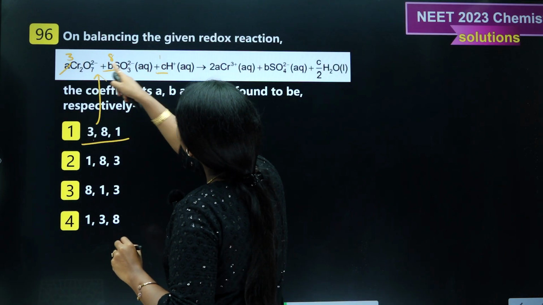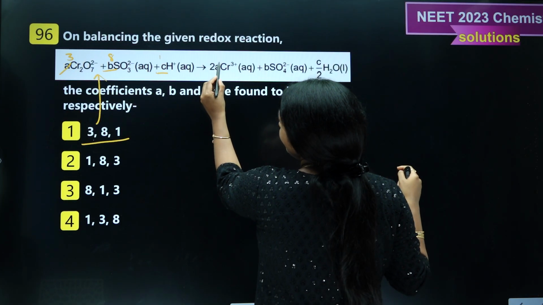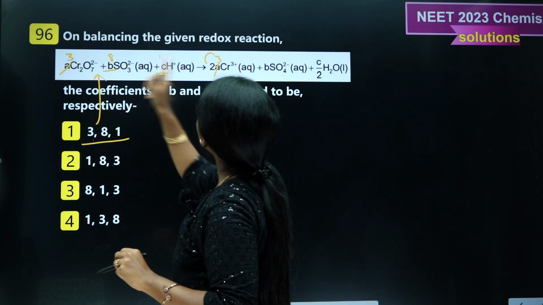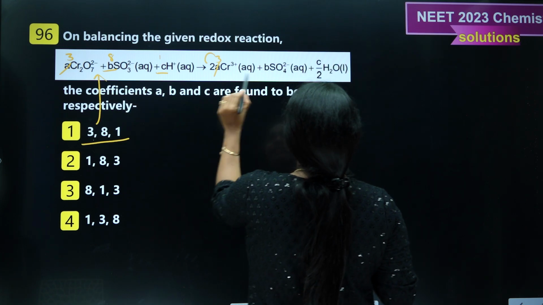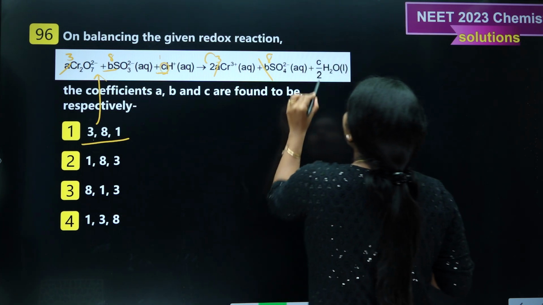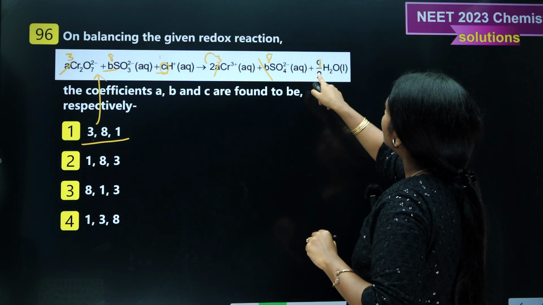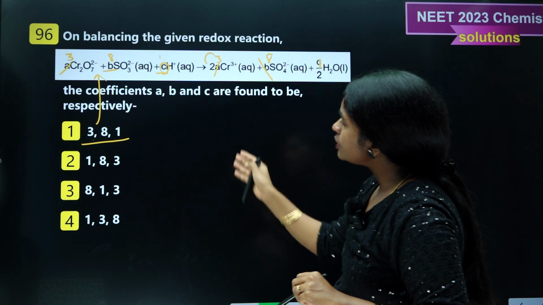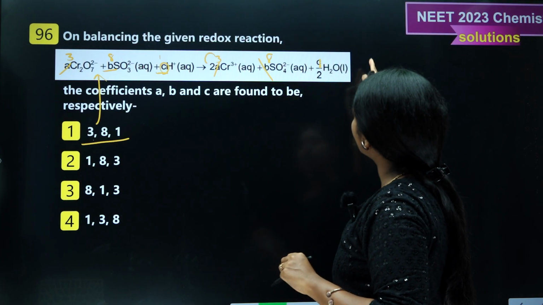So if I keep 3, 8, 1, you check it out. A value is 3. So 2 3s are 6. And here 3 2s are 6. Balanced. And B place 8 I kept. Here 8, here 8. And C place 1. Here 1 means 1 by 2. So 1 by 2 is half of H2O. So just you keep this and you check it out.